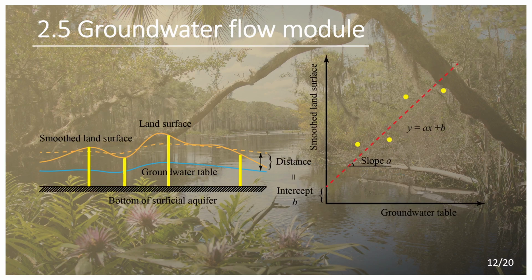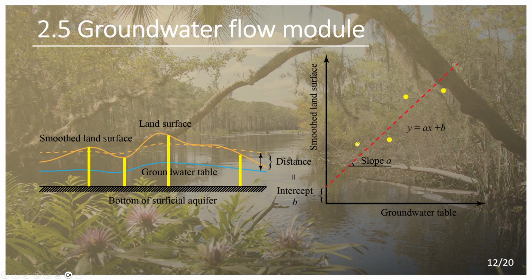Okay, let's see this slice. Suppose we have 4 monitoring wells here, and on the right, there is a scatter plot with measured groundwater table on the x-axis and the smooth land surface on the y-axis.